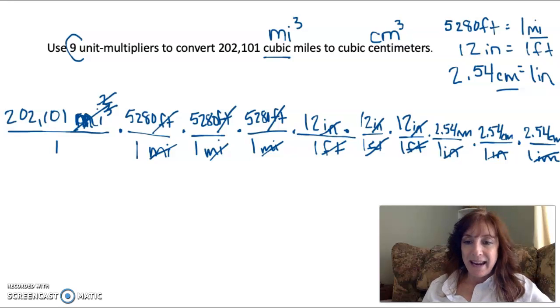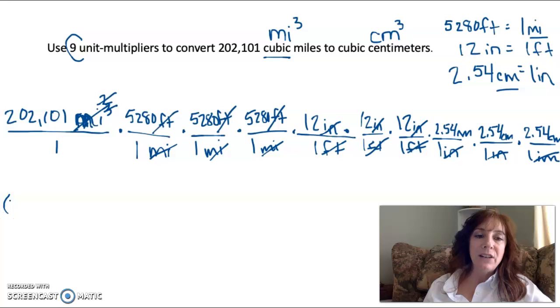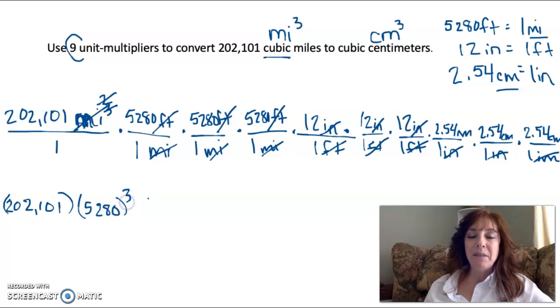I'm going to rewrite my answer as one whole answer, but I'm not going to use my calculator. I understand that you know how to use a calculator. I'm going to write my answer using parentheses that show me that I can multiply these numbers. My miles are gone, so I just have this first number times 5280, and that's multiplied 3 times, so I can put an exponent 3.